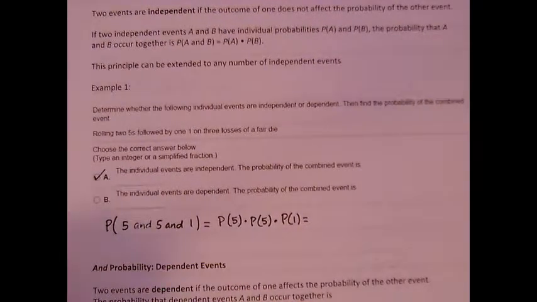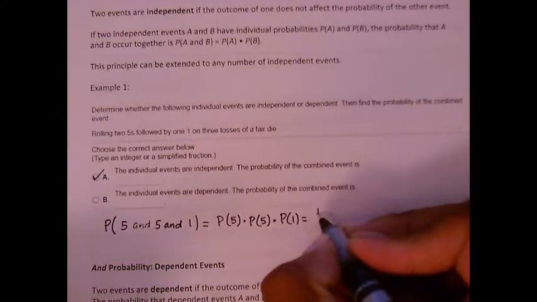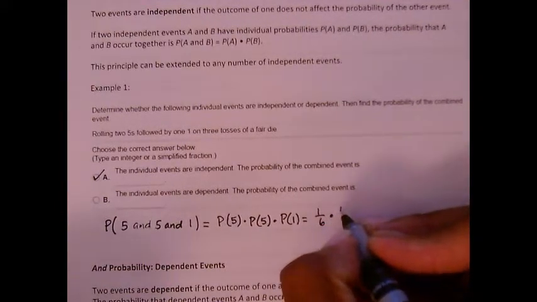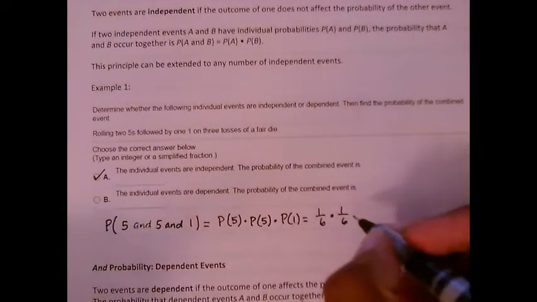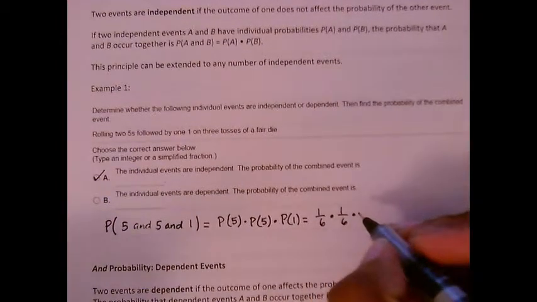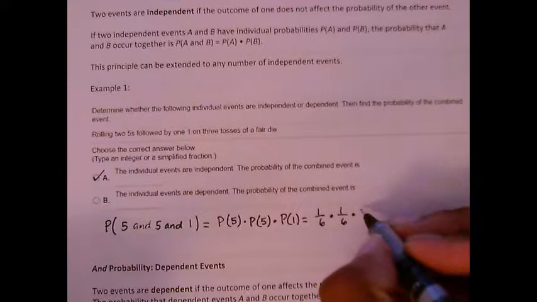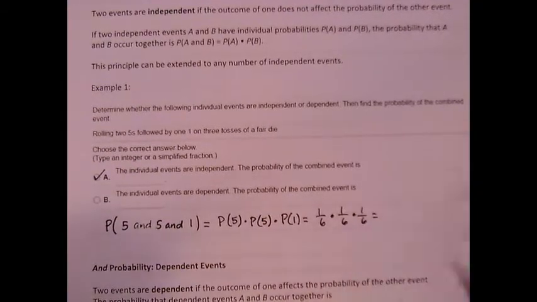So here, let's look at the probability of getting a 5. On a single die, there's 6 numbers. There's only one way of getting a 5, so it will be 1 out of 6 times 1 out of 6 for the probability of getting a 5 again. And for the probability of getting a 1, that's also 1 out of 6, because there's only one 1 on the die.